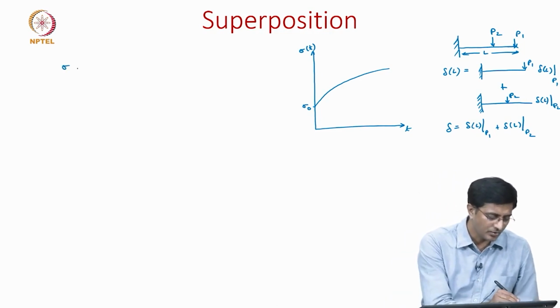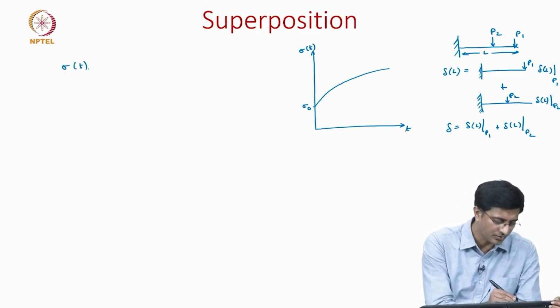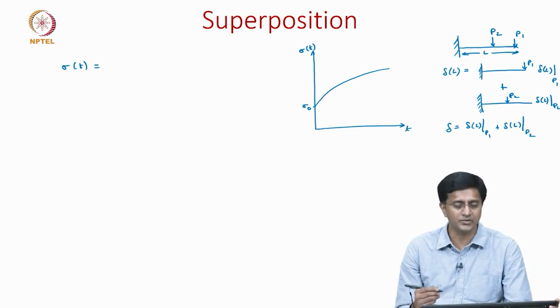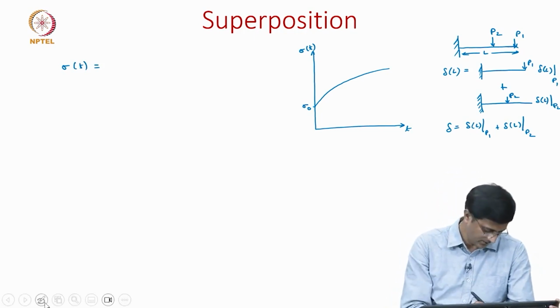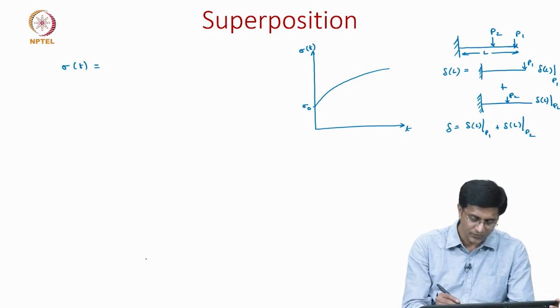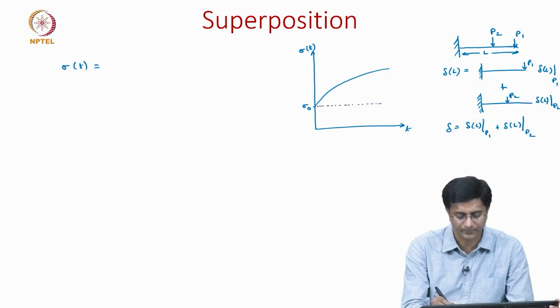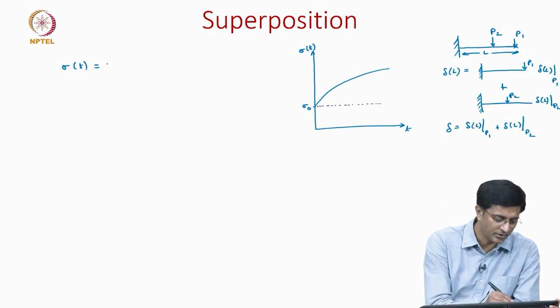So, let us try to write this stress input sigma of t. Since we will now attempt to write it in terms of step functions, we will start with a step function at time t equal to 0 with an amplitude of sigma naught. So, it can be written as sigma naught times h of t.